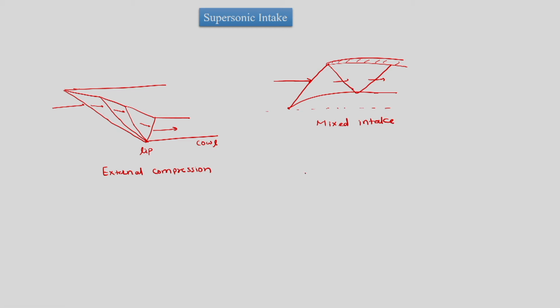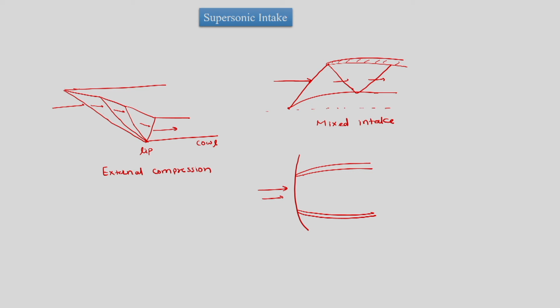Then all these shocks have a certain angle which is lower than 90 degrees with the velocity vector. So, those are all oblique shocks. Hence, there is a different type of intake which can have a normal shock at the inlet.